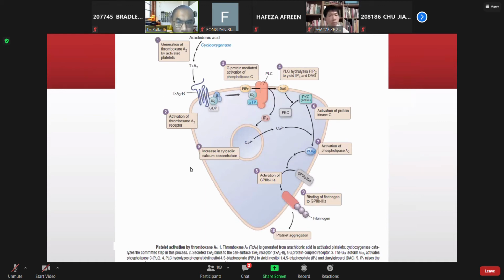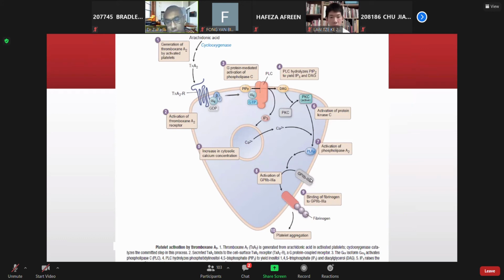This thromboxane A2 will activate the thromboxane A2 receptor in the platelet, and then it will activate the G protein, and G protein activation will activate all these pathways, and at the end of the day it will activate GP2B or 3A.